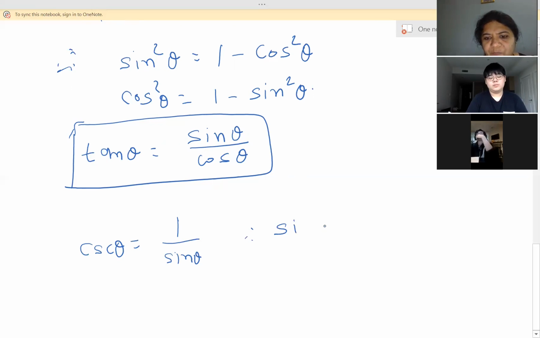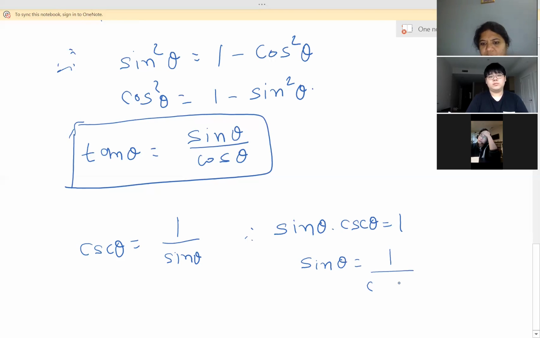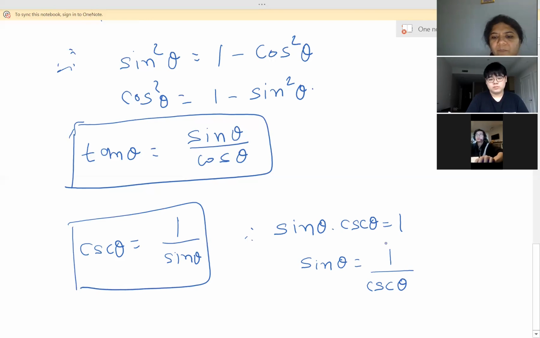Sin theta times cosec theta is equal to 1. So I can make a formula for sin theta: 1 over cosec theta. I am isolating my sin theta, so whatever is the other term, I have to move it to the other side. If I move it from here to here, it will go in the denominator. So I got two formulas, 1 and 2.